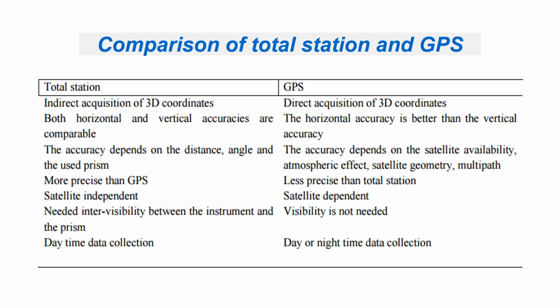And with GPS, we can use the equipment day or night, 24 hours, 7 days a week, all over our planet, and it does not need any control points except visibility of a satellite system.